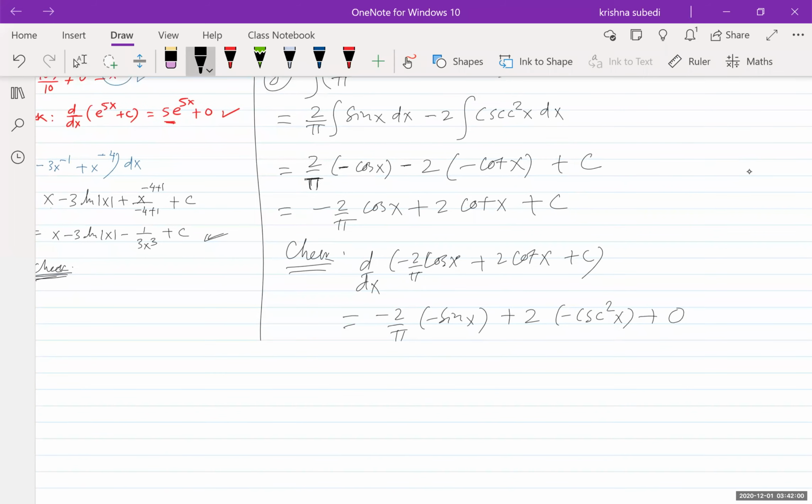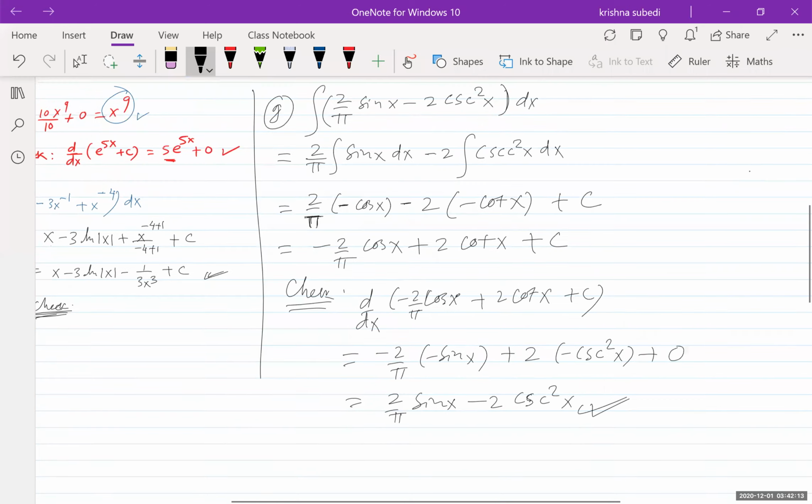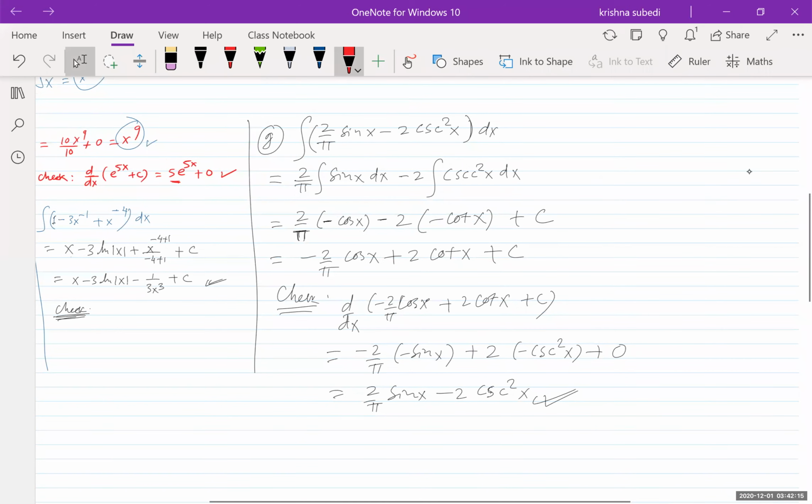So what we get here is negative and negative is positive, 2 over pi sine x, and then minus 2 cosec square x. Okay, and it checks. That's the same question given here, as you can see.